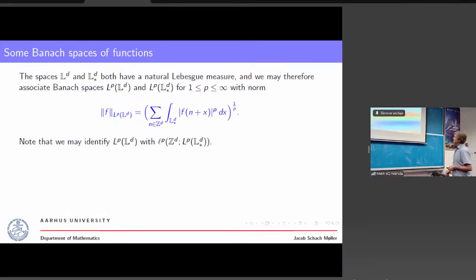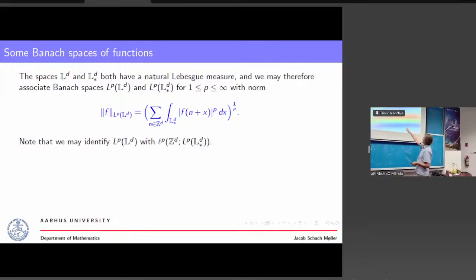Okay. So there is a natural Lebesgue measure on these objects. So you have L^p norms of functions on this cubic metric graph. And you can, of course, think of L^p as a sequence space over the integer lattice with values in capital L^p on the unit cell.